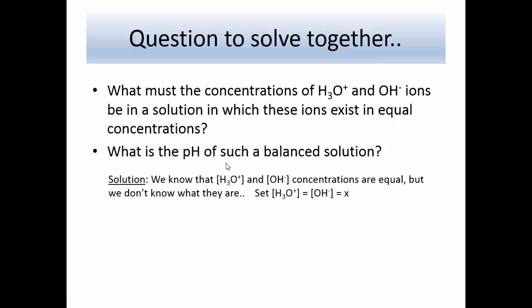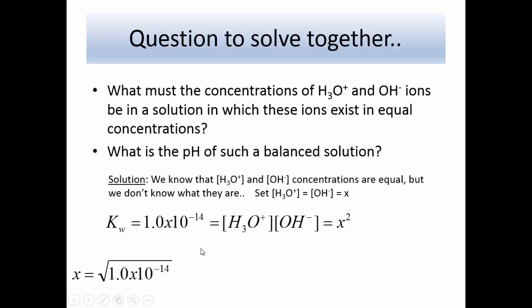Mathematically, we don't know what they are, so we'll call the variable x. Kw is 1 times 10 to the negative 14, the value of that equilibrium constant, equal to the product of the hydronium and hydroxide ion concentrations. That's x squared when we substitute in x times x. We take the square root of each side, so x is the square root of 1 times 10 to the negative 14, which is 1 times 10 to the negative 7.